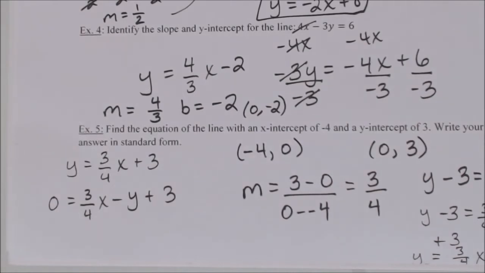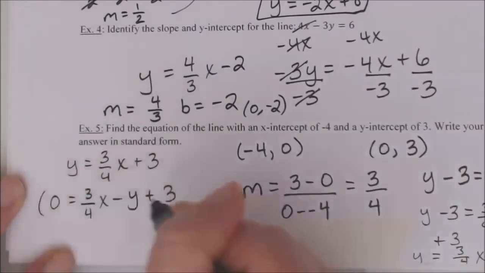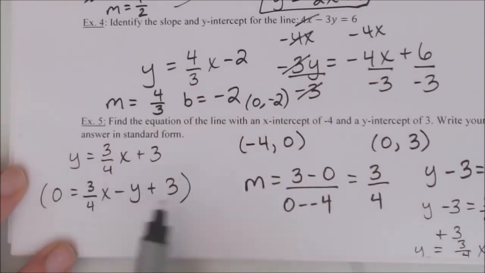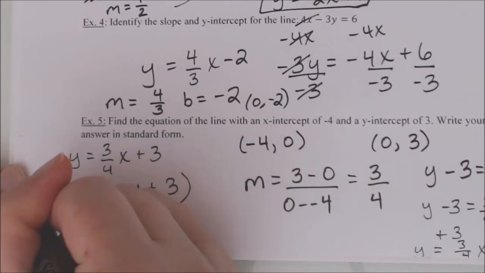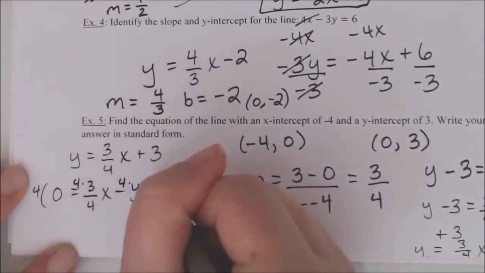Now, how am I going to get rid of the fraction? Well, remember in chapter 1, very beginning of chapter 1, we talked about rational equations, clearing the fractions. That meant we multiply everything by something that will get rid of the denominator. So in this case, the denominator is 4. So if I multiply everything by 4, we should be good to go. So everything, and I mean everything on both sides. So we're going to multiply by a 4 over here, a 4 here, a 4 here, and a 4 here.